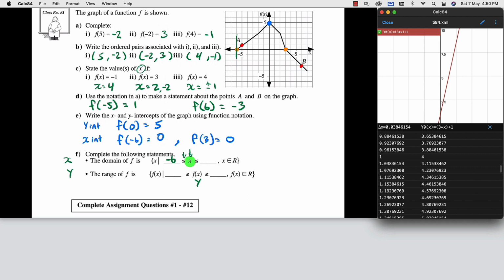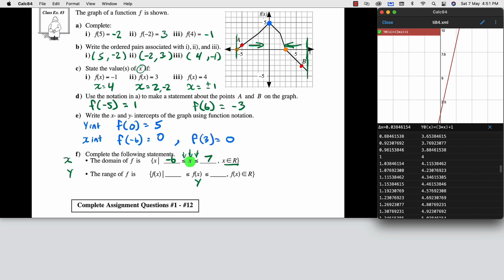So it's equal to negative 6, and values going to the right, which would be greater than. And where does it go to on the other end? It goes right to this point right here. So that's 5, 6, 7. So from there going backwards, so to the left, which is less than. So that's what this reads right here, x is less than or equal to a positive 7. And this right here states that it can be every value in between those that are real numbers.